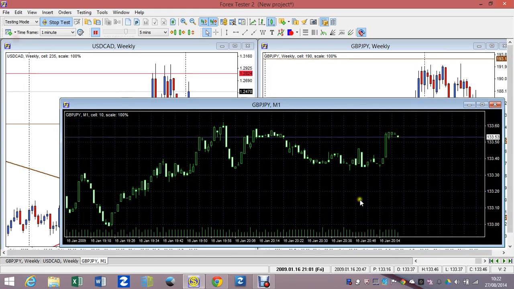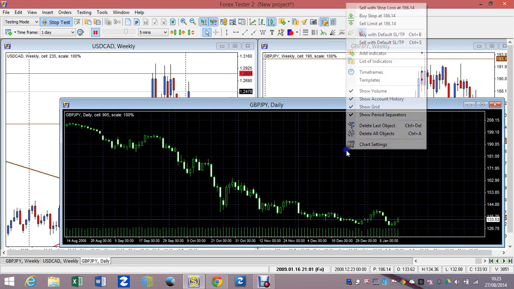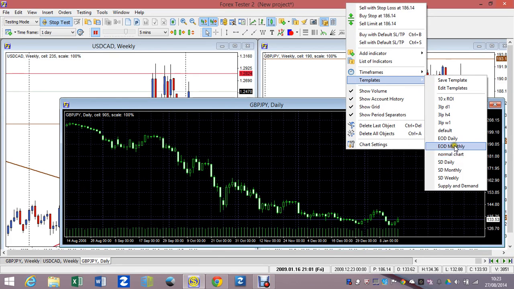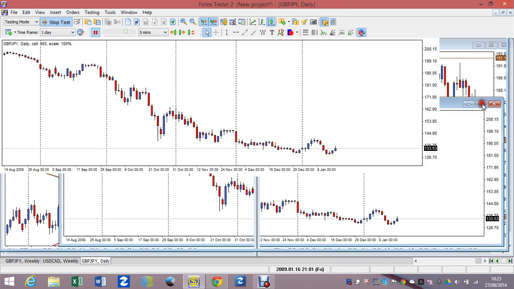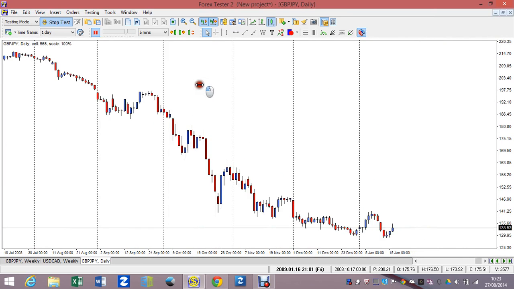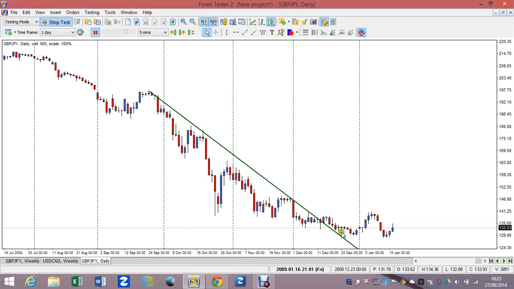So let's just get a new chart up. We'll start on the daily. So on the daily we can see that we have broken the daily downtrend and we're consolidating here.